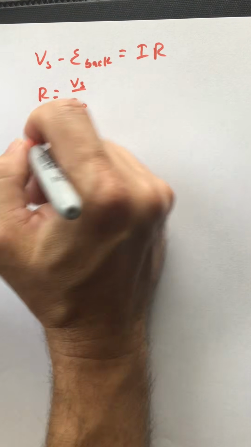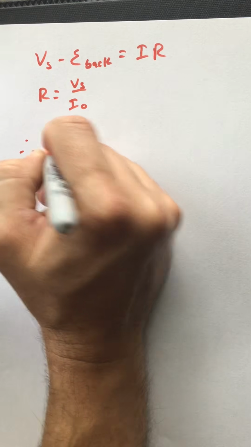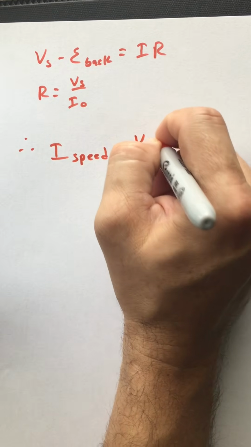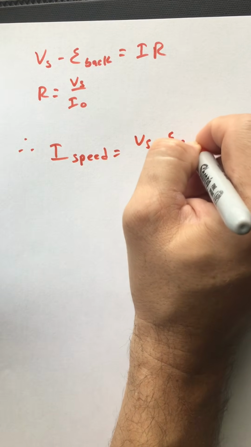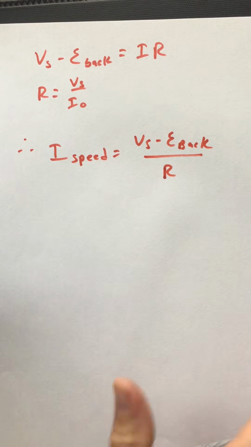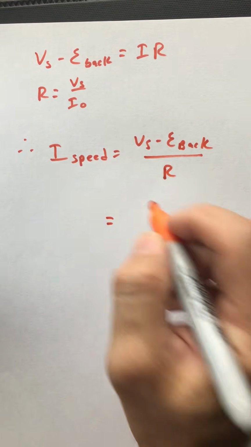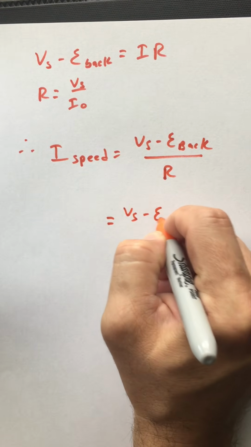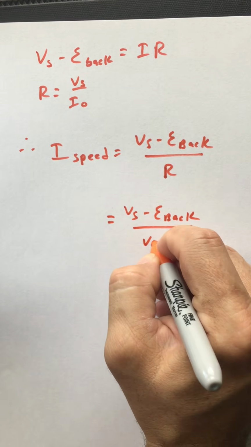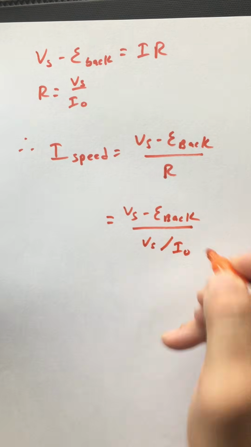I just get the current at speed is equal to Vs minus E back over R. But I've already determined what R is, it's this. So if I put that in, I get Vs minus E back over Vs over I naught.